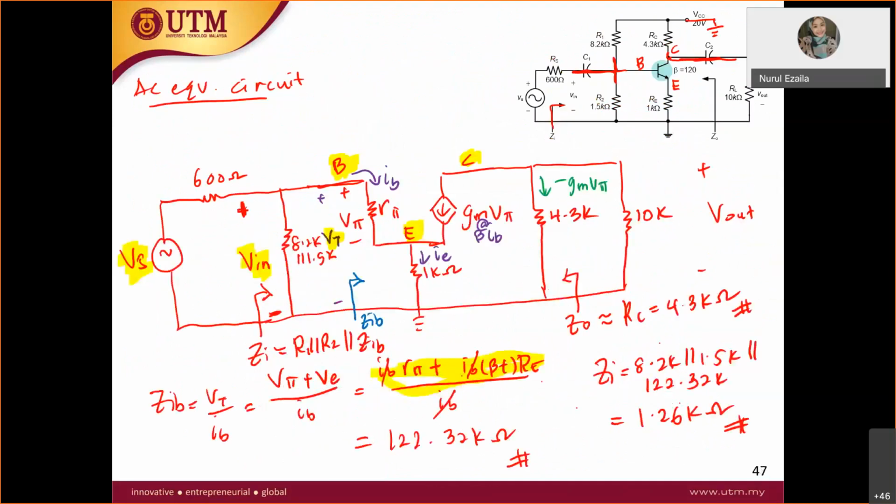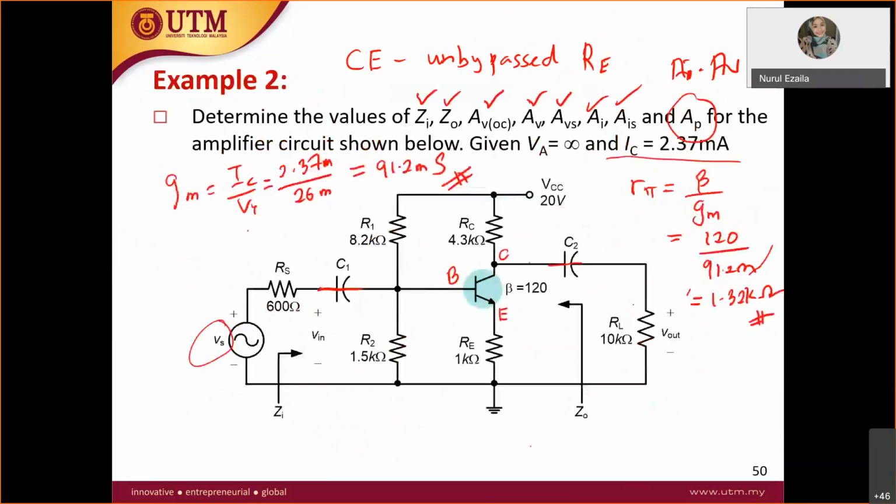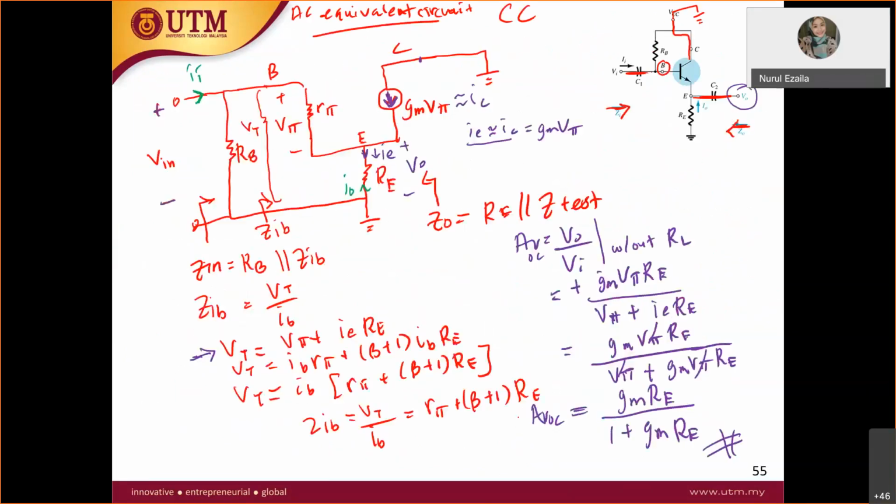How did you derive the Z in B? You calculate the total voltage over current IB. The same thing happens here at the common collector, and I have also derived it here. So Z in over here is equal to V total over IB.